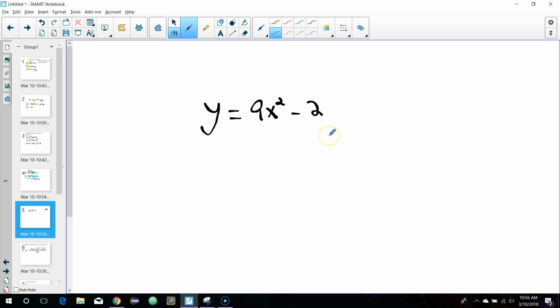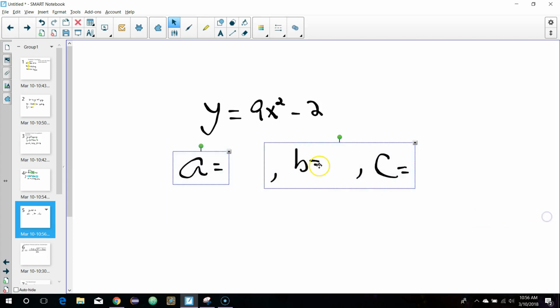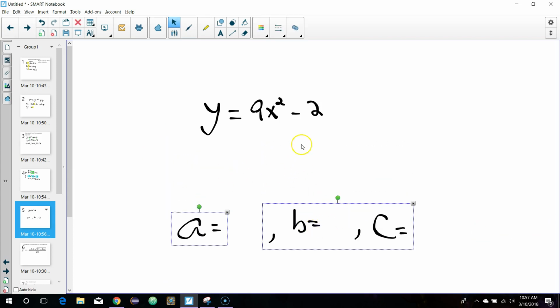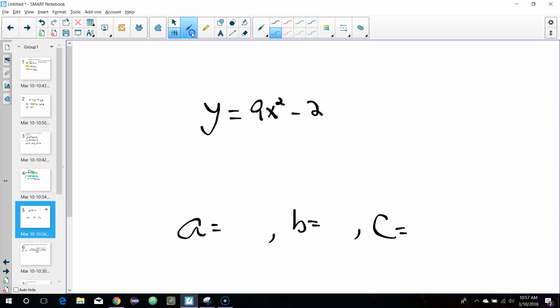If it's in standard form, that means I should be able to find the A, I should be able to find the B, and I should be able to find the C, right? But in this scenario, it seems like I'm missing something, because the standard form actually is like this. Y is equal to ax squared plus bx plus c.